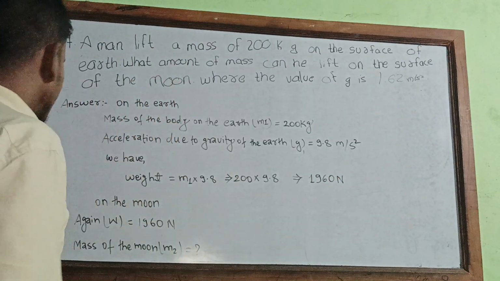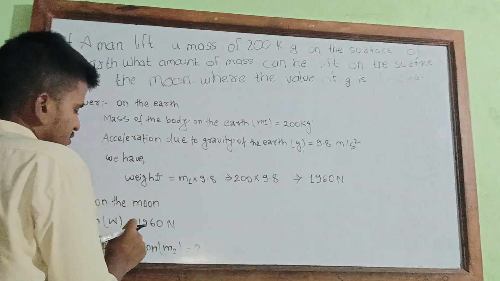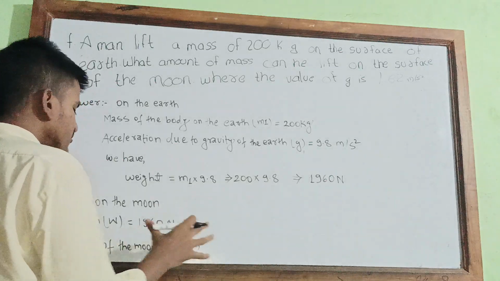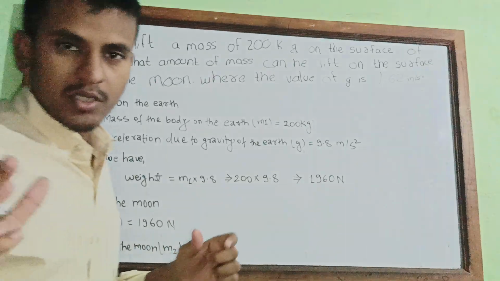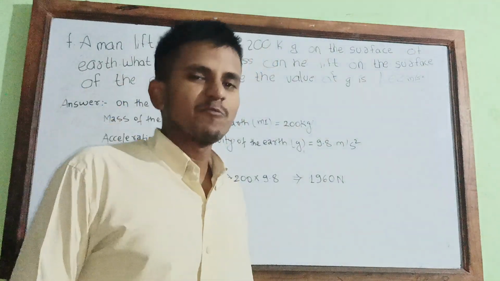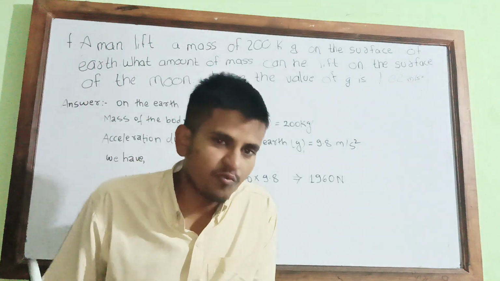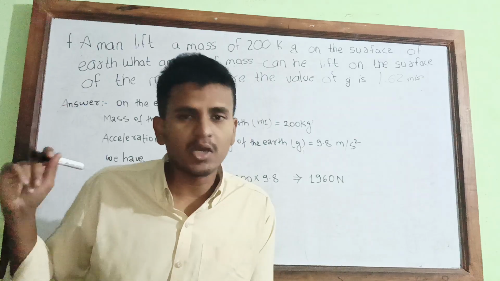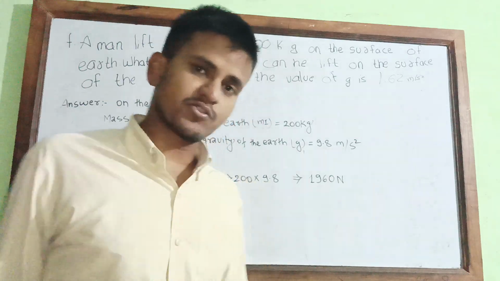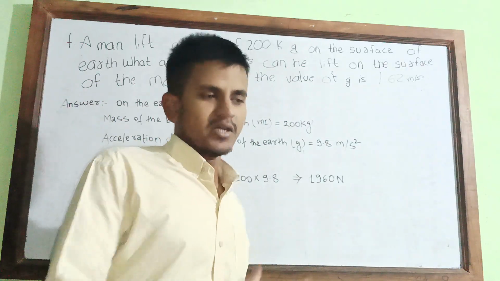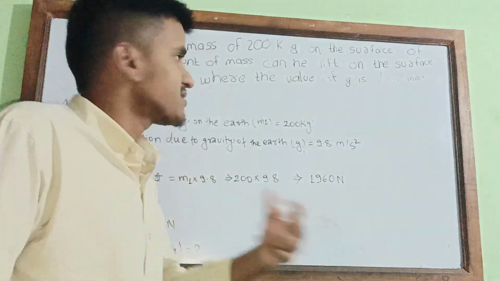So on the moon, again, the weight equals 1960 Newton. We start with the weight because we have no other data. We have to find mass, gravity is given, and weight is the same as on the earth, so the same will be on the moon also. Why? Because the same person is there and the same thing is happening.